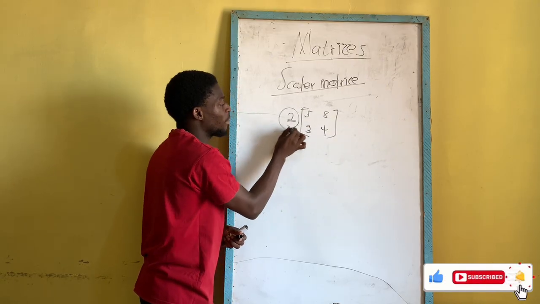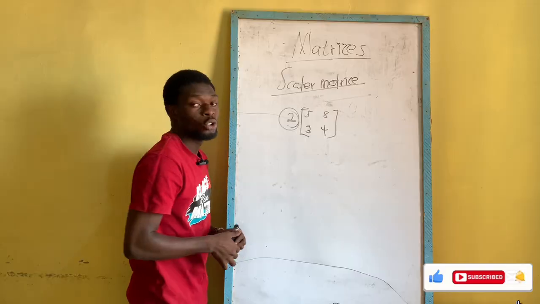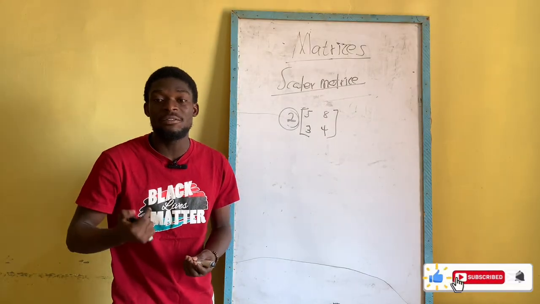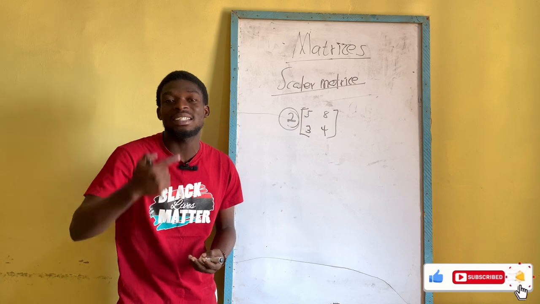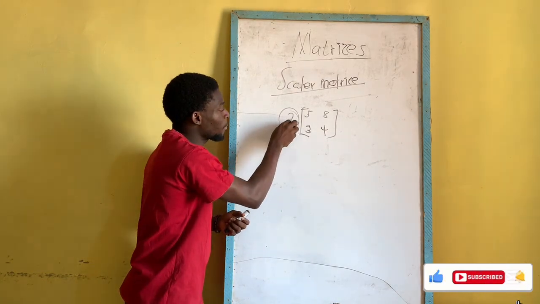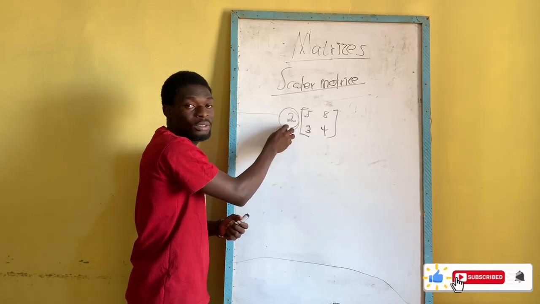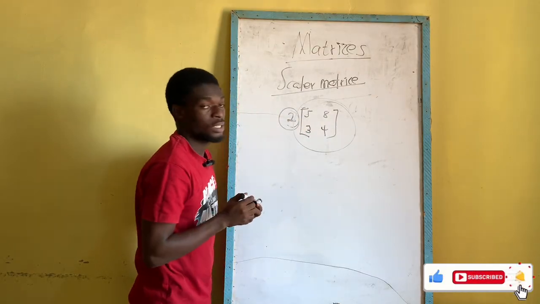This particular number here, which is 2, is termed the scalar. So scalar is basically multiplying every element in the matrix by a single number outside the matrix.